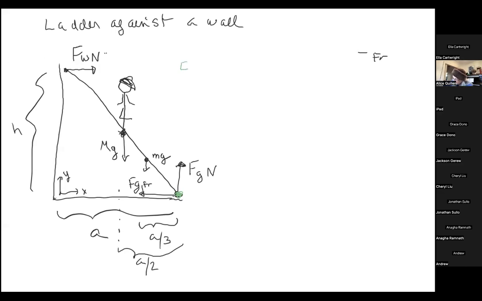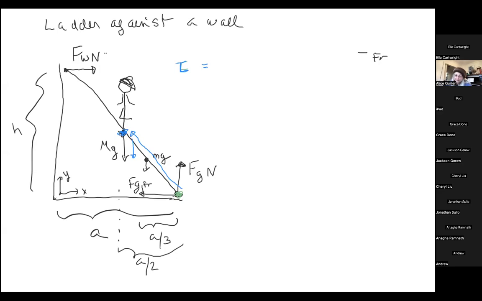Let me do it in blue, not green, because it's kind of hard to see the green. So let's start with this guy here, the torque from that. So I drew my coordinate system, so positive x is to the right. So taking this over here, the torque, gravity is down, right? So I don't care about the y component of the vector. So the vector I want is this. So that's r, and this is f. So r cross f when I compute the torque.